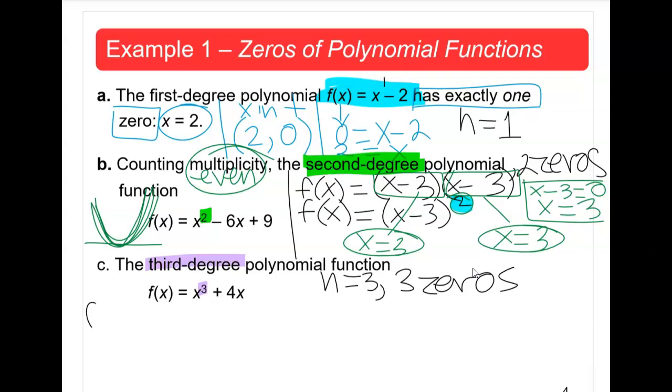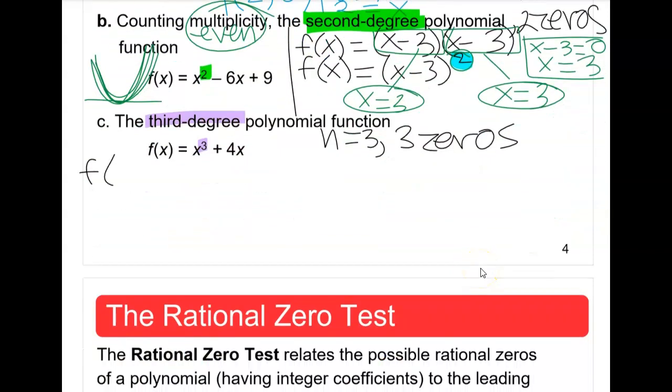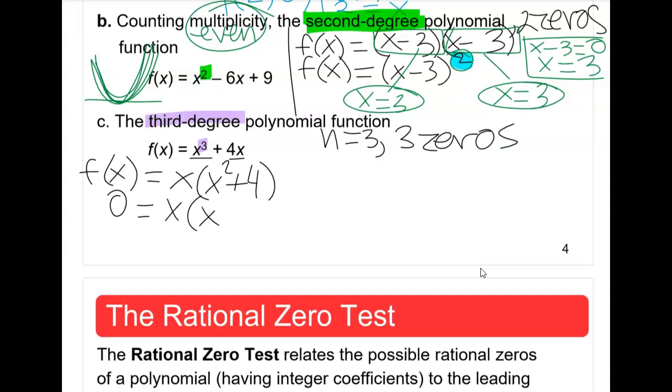So I'm going to factor here. What they both have in common is x. So I factor out x. And then x cubed divided by x is x squared. Then plus 4x divided by x is plus 4. So now from here, we set the function equal to 0 because we're after the zeros.